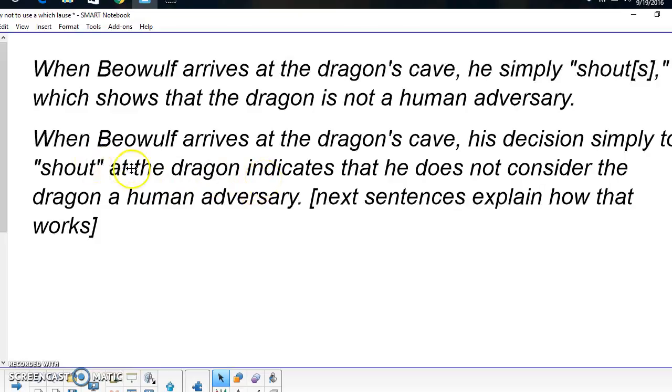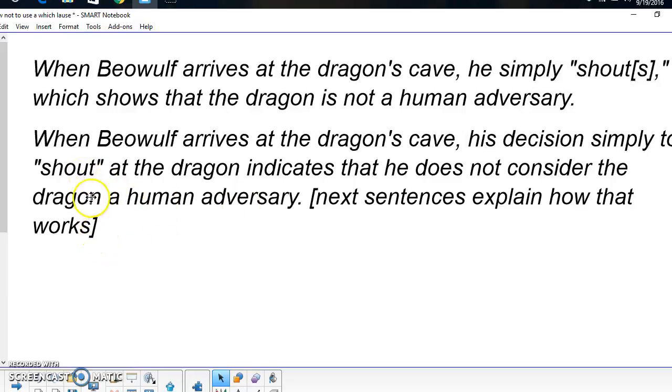His decision simply to shout at the dragon indicates that he does not consider the dragon a human adversary. Same idea, same key term. I just took out the which, and I was able to replace it with a real verb and that. My next sentences then would explain how that works. What is it about this word that suggests that Beowulf doesn't consider him a human adversary?